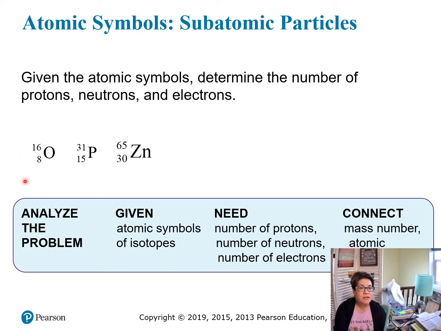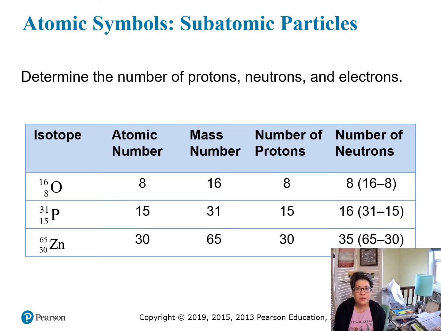And you can check your periodic table to see if this is the same as what you see on the periodic table, and it should be. And this one has 15 protons, 15 electrons, and 31 minus 15 neutrons. And then zinc here has 30 protons and 30 electrons, and then it has 35 neutrons. So make sure you know how to do those. And here, this shows the math of what we just looked at.